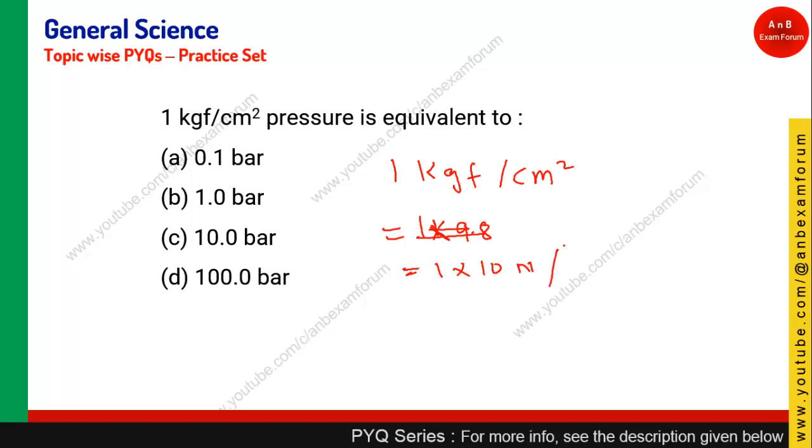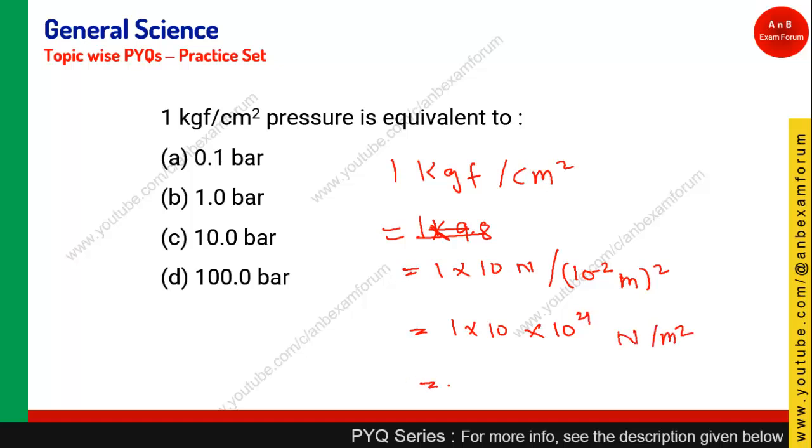Okay, centimeter square we need to convert into meter square. So as you know, centi means 10 power minus 2. Okay, so what does it become? 1 into 10 power minus 2, squared, it will become 10 power minus 4. Since it is in the denominator, it will come at the top. So it is 10 power 4 Newton per meter square.